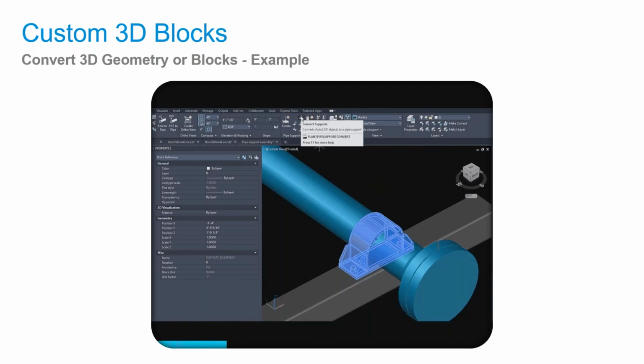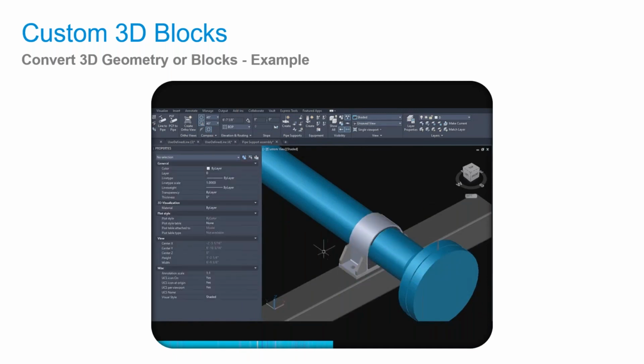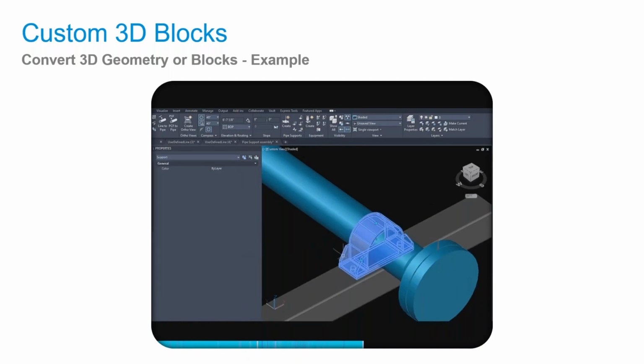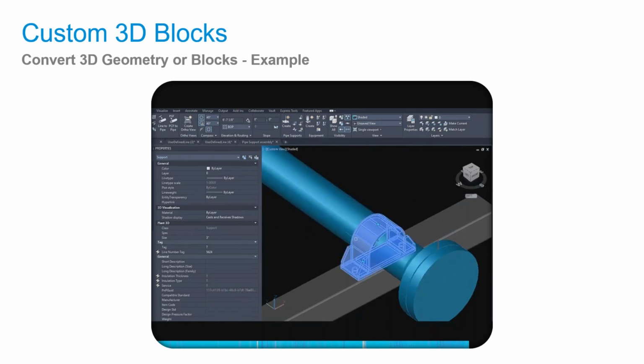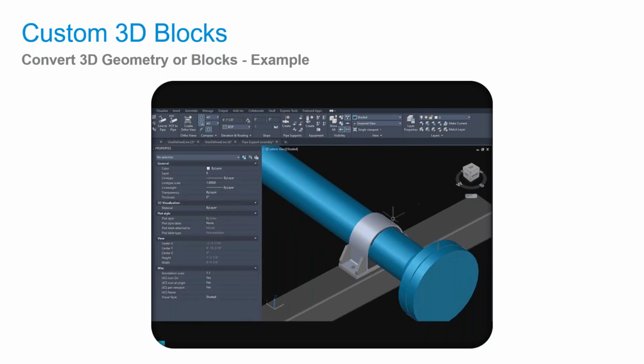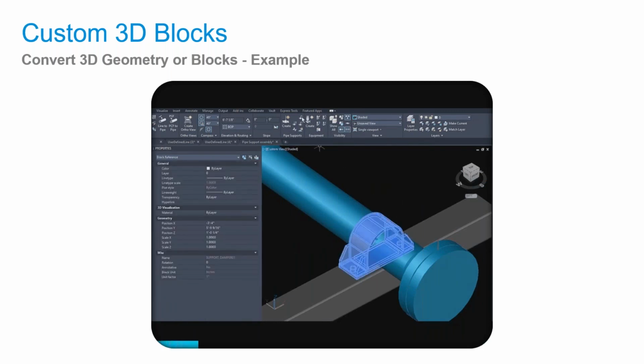And you have to be careful. You need to do this conversion in the shaded mode. If you try it in the wireframe, you will fail. Do it in the shaded mode. Actually, it's just impossible in the wireframe mode to pick the center of the connection to the pipe.